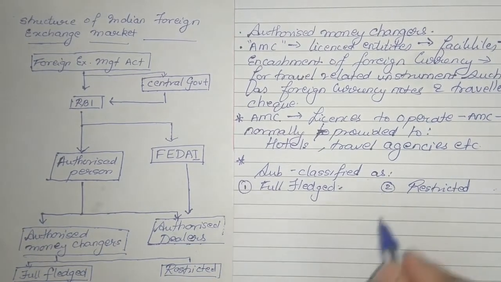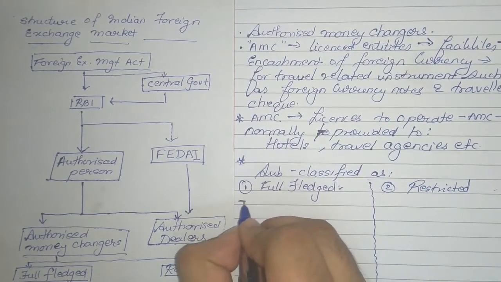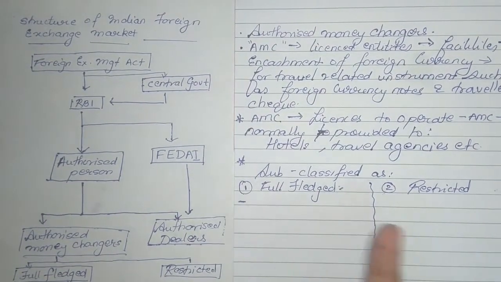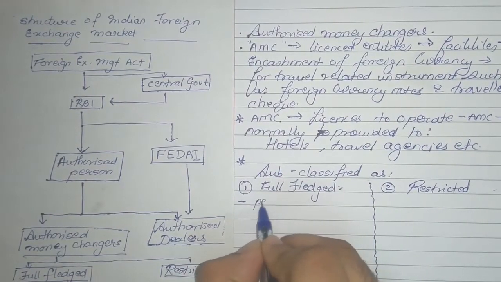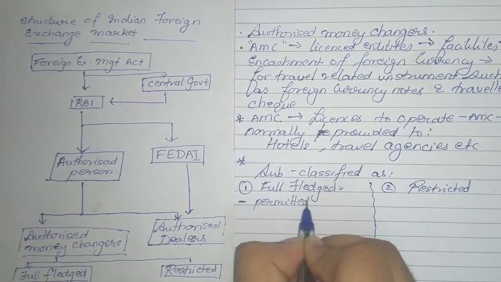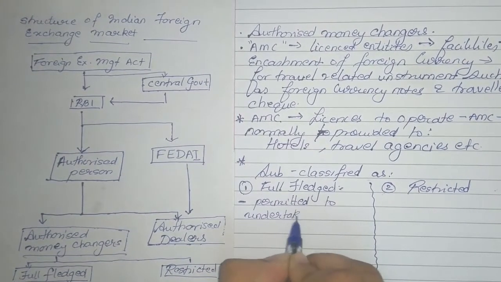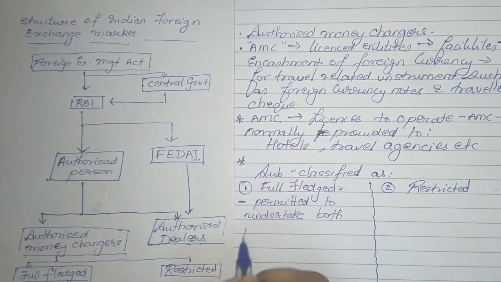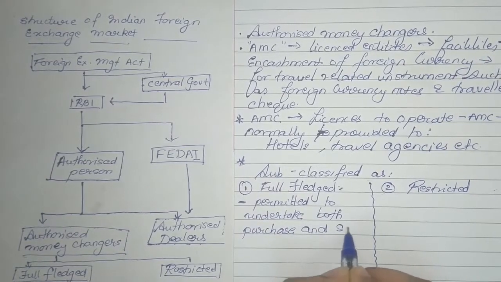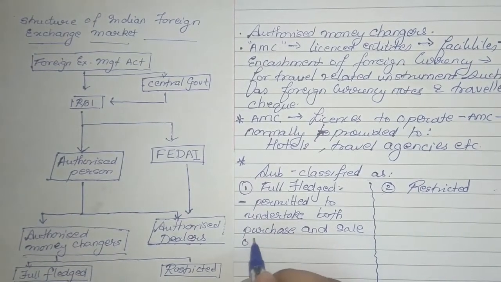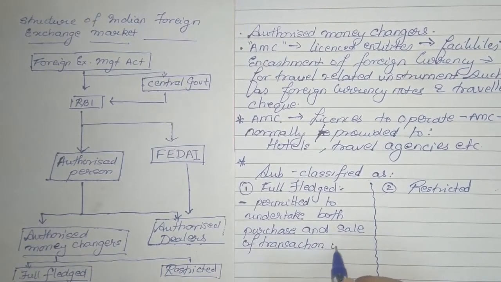Now, what do we mean by full-fledged and restricted money changers? Let us understand first what is a full-fledged money changer. Full-fledged money changers are basically permitted to undertake both purchase and sale transactions with the public.